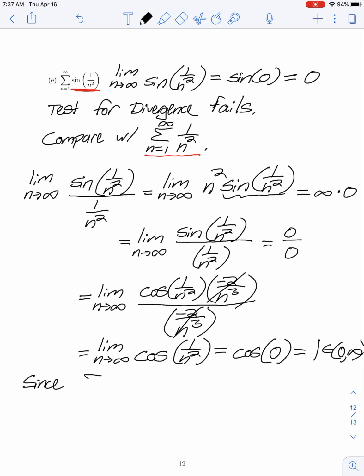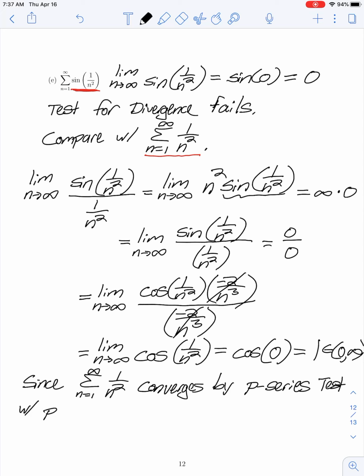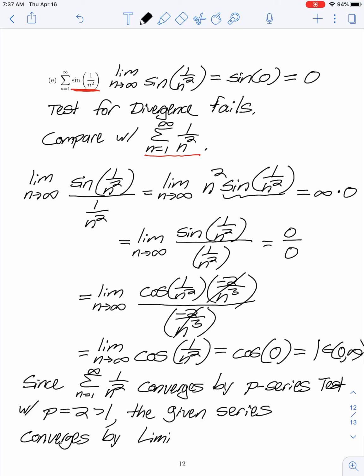We would say, since the sum from 1 to infinity of 1 over n squared converges by the p-series test with a value of p equal to 2, which is greater than 1, the given series also converges by the limit comparison test.